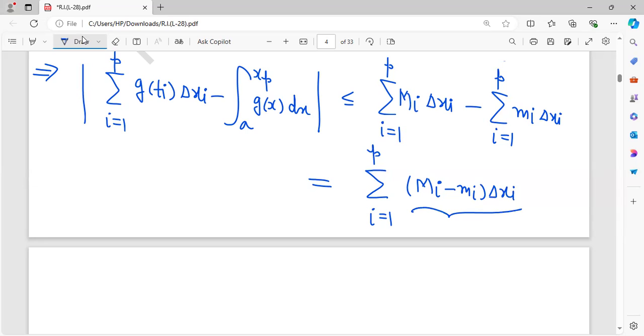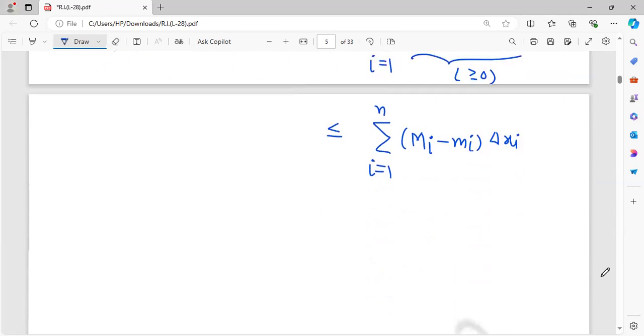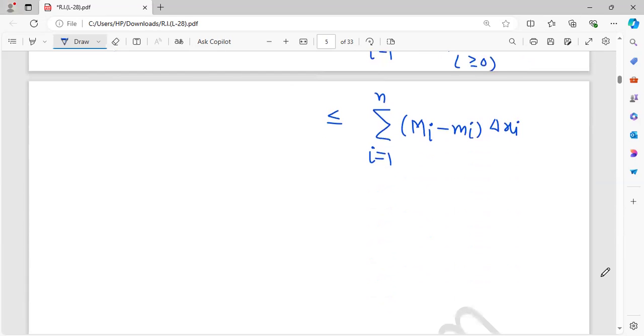But the inside thing is non-negative, so this will be less than or equal to summation i goes to 1 to n of Mi minus mi, delta xi. Because the inside thing is non-negative, if I add more terms here, I can increase the value up to n.